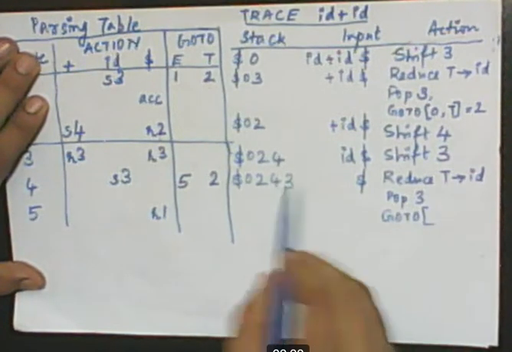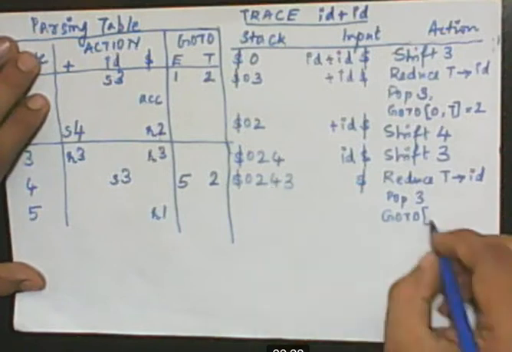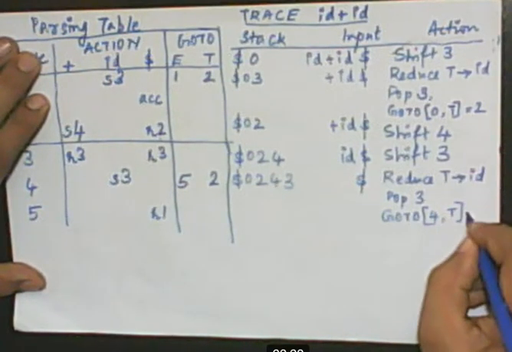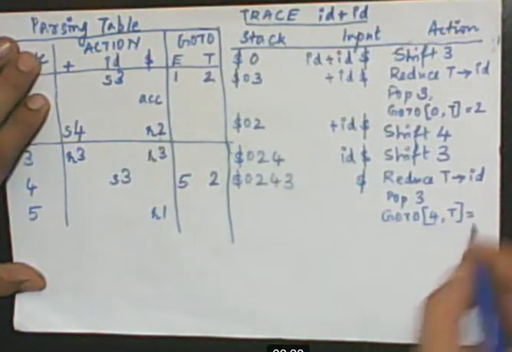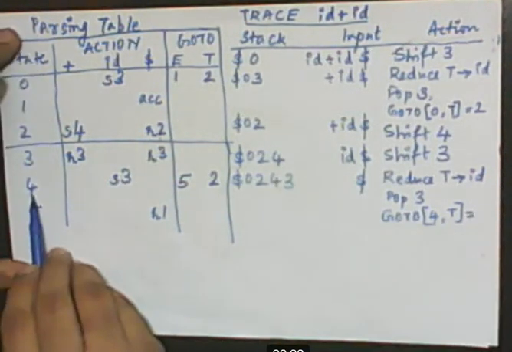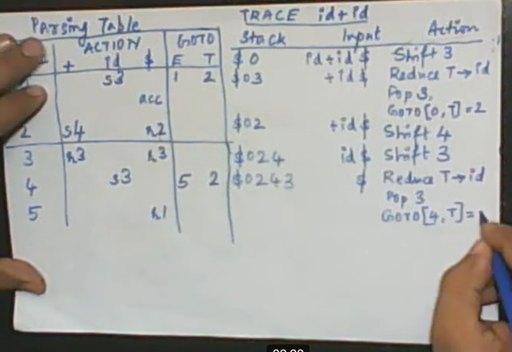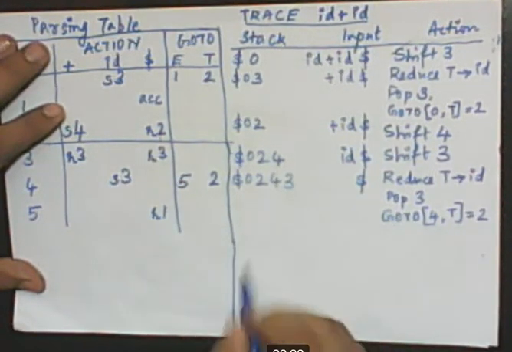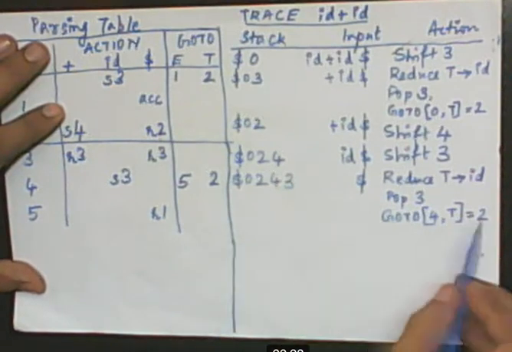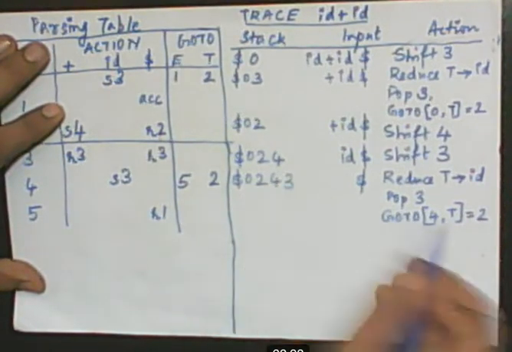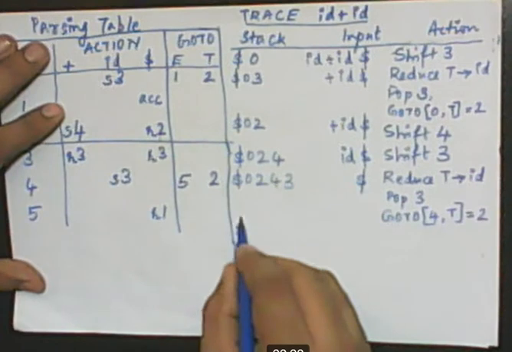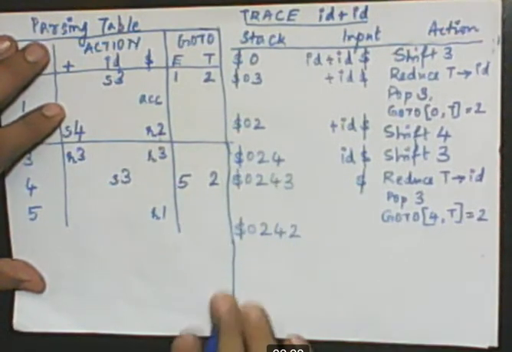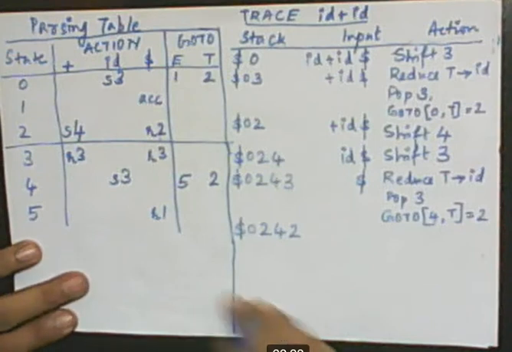Once 3 is removed you have 4 on top, so 4 comma the left hand side, that is T. 4 on T, you have 2, so again 2 will be pushed. So 3 has to be removed and 2 is pushed, so that is $0 2 4 2.